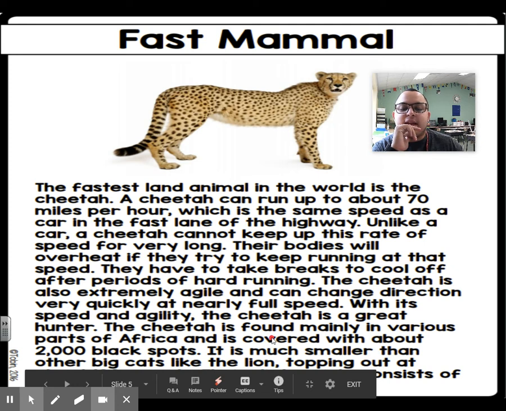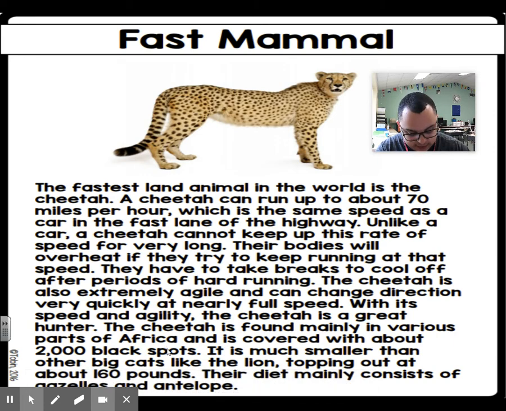The cheetah is found mainly in various parts of Africa and is covered with about 2,000 black spots. It is much smaller than other big cats like the lion, topping out at about 160 pounds. So that's a pretty big cat. Their diet mainly consists of gazelles and antelope.